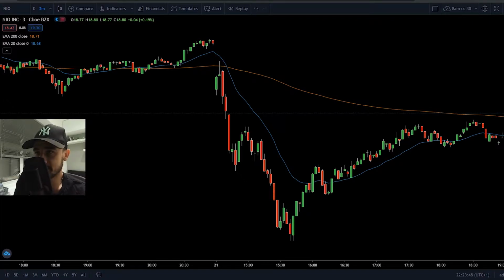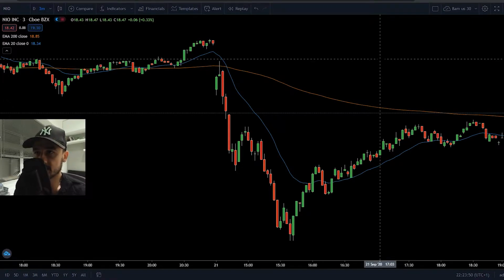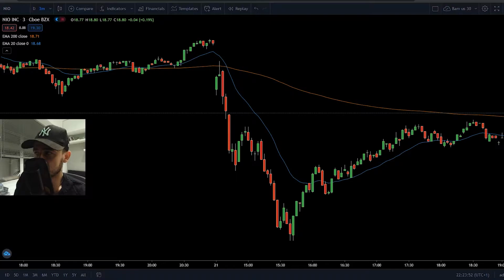So let me explain why we're going to need these three things. First things first, 3-minute time frame. The reason why we want to trade the 3-minute time frame and nothing below it is because there is a lot of noise when you go lower and lower. When you go below 3 minutes, it becomes very noisy.